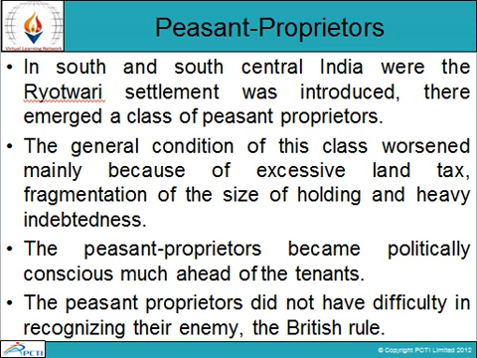Next is Peasant-Proprietors. In South and South Central India, where the Ryotwari settlement was introduced, there emerged a class of peasant-proprietors. The general condition of this class worsened mainly because of excessive land tax, fragmentation of the size of holdings, and heavy indebtedness.